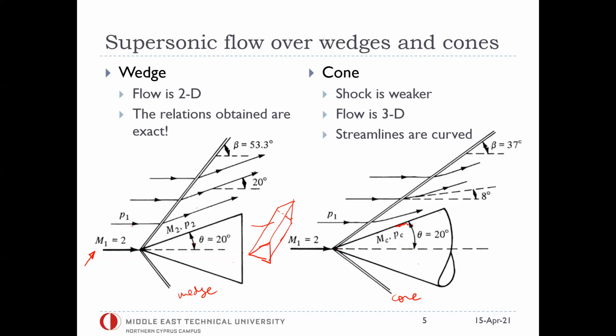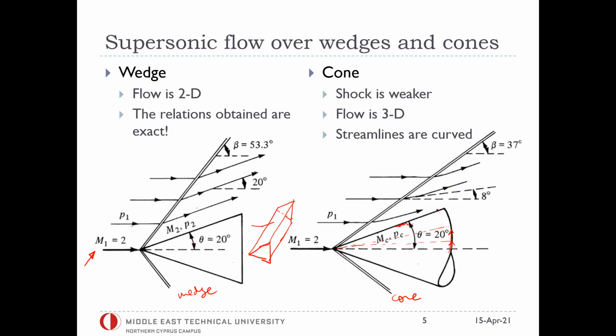But if you draw another line inside a cone, at a smaller radius, that is not going to be 20 degrees, it is going to be even smaller than that angle. So that kind of variation gets reflected on the streamlines as well.